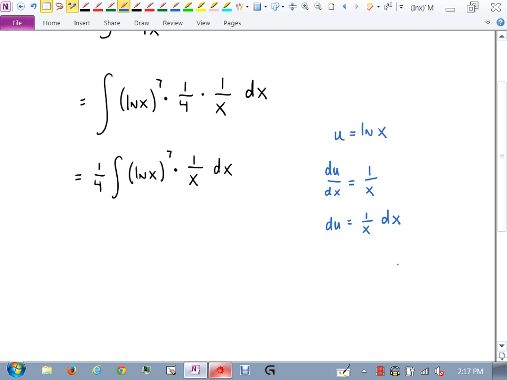And because of the way things worked out, 1 over x dx is exactly sitting here, isn't it? How wonderful is that? That right there happens to be exactly this. I won't even need to touch it. This will be replaced with what? du. And then the natural log x inside, which we made a substitution of, is going to become what? u.